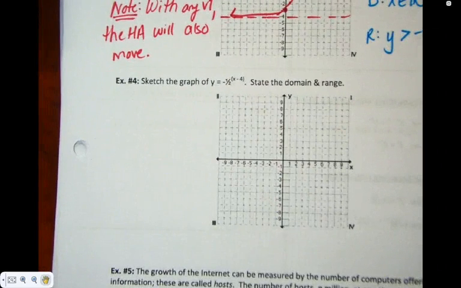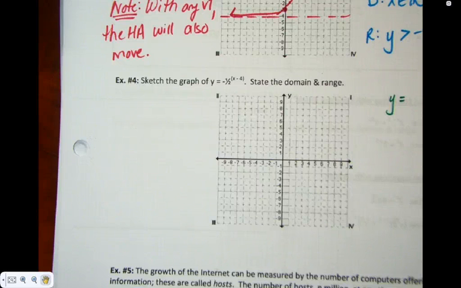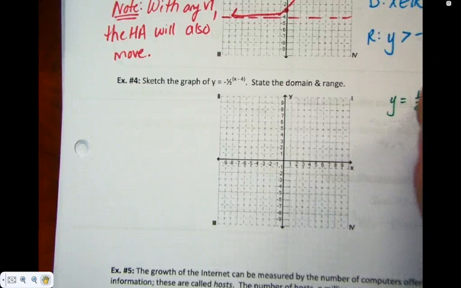Number 4. Base graph first. So find the x, find the base it's attached to, ignore everything else. A half to the x. Again, you can do regular table of values.